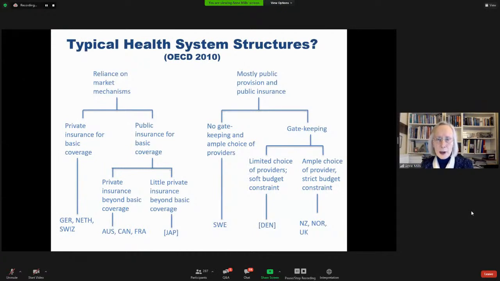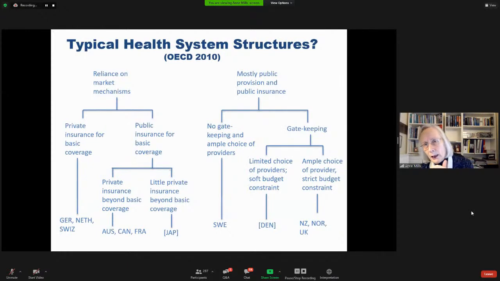So there are countries that are primarily public provision and public insurance, but where there's no gatekeeping and a lot of choice of providers, like Sweden. Countries which do have gatekeeping, some with limited choice of providers, but a rather soft budget constraint. And then there are countries that allow a lot of choice of provider, but within a strict budget constraint, which is an effective way of keeping the cost down, as in, for example, the UK.